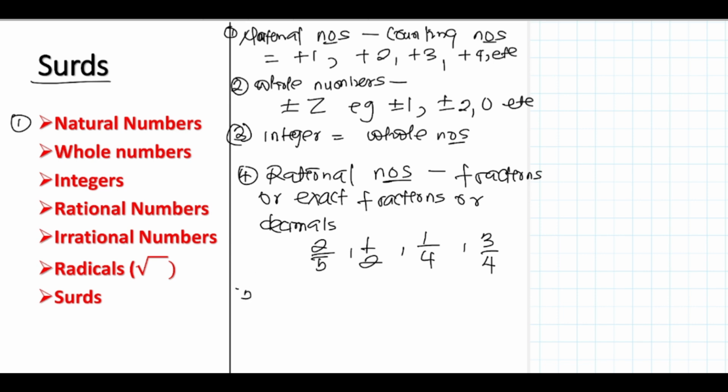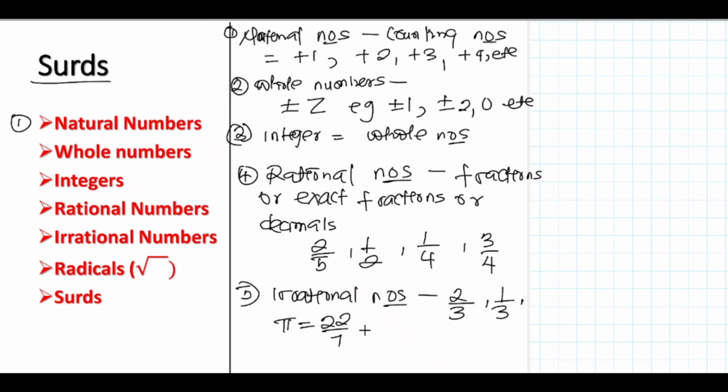Then we have number 5, irrational numbers. Irrational numbers are just the opposite of rational numbers. They are numbers that cannot be written as exact fractions or decimals. They continue to infinity when you keep dividing them. An example is 1 over 3, and pi. Pi is also an irrational number, 22 over 7.